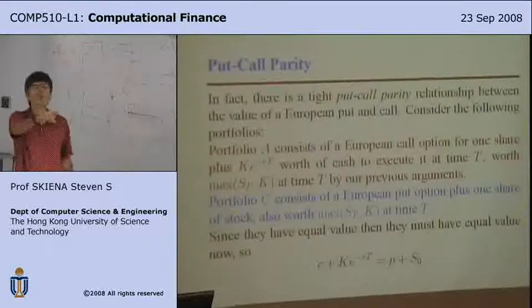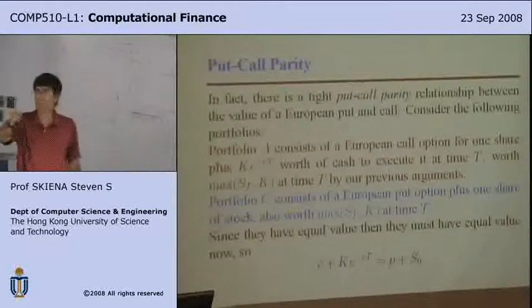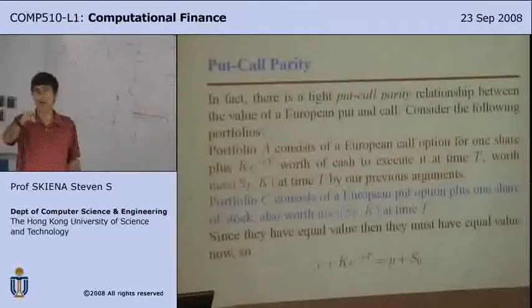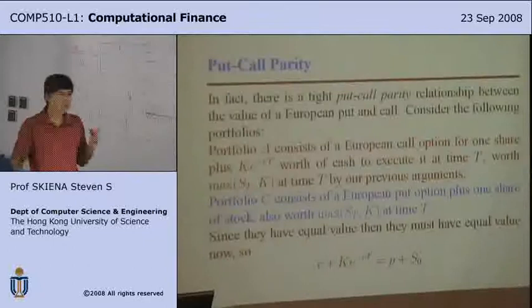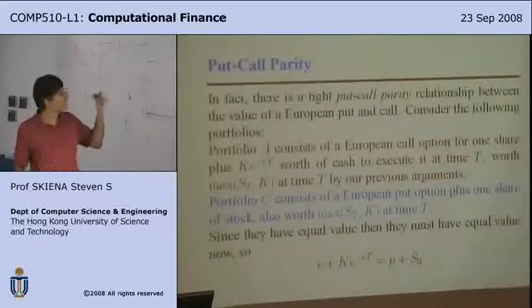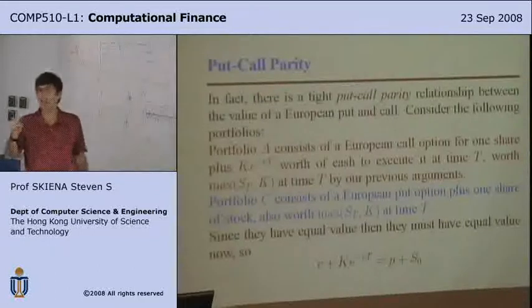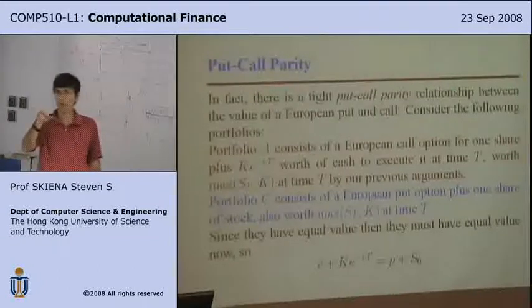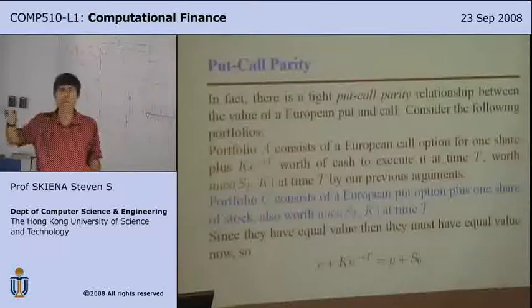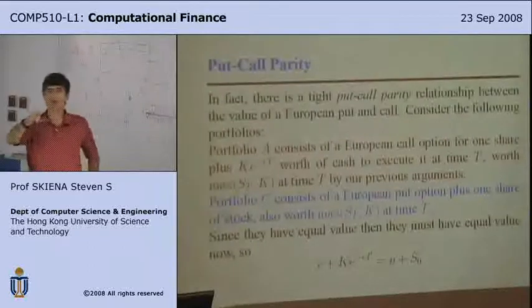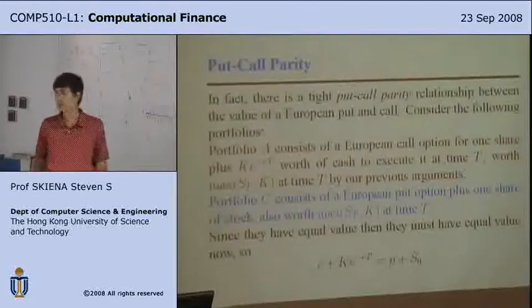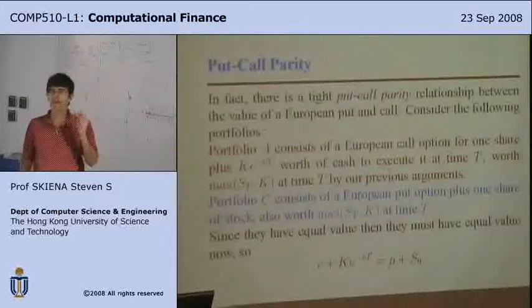Any questions about what the portfolios are? The interesting thing is that you have two different portfolios that at time T are going to be worth the exact same amount. If two things are going to be worth the same amount in the future, are they worth the same amount now?